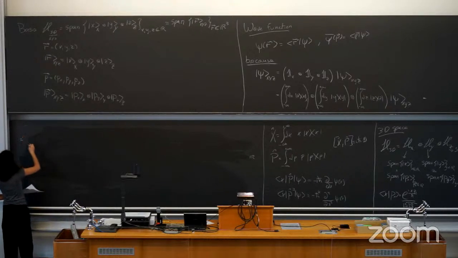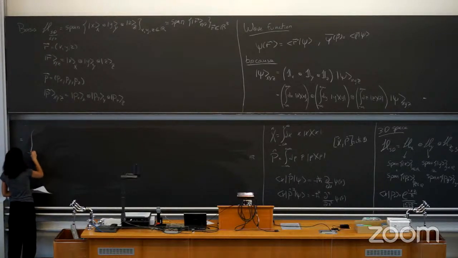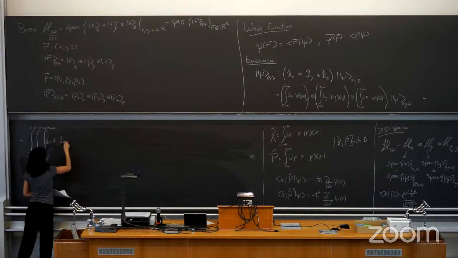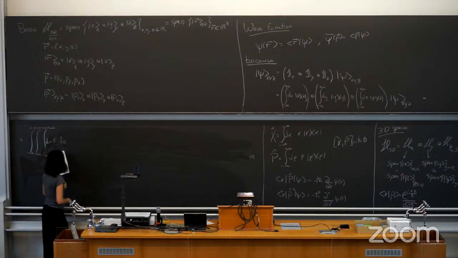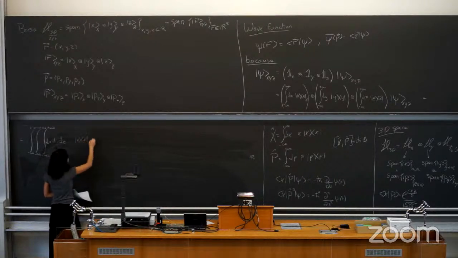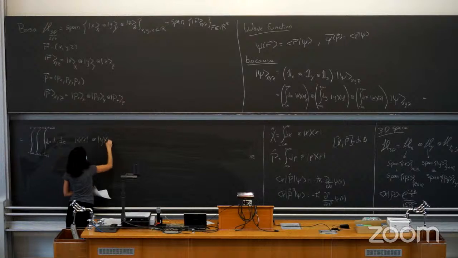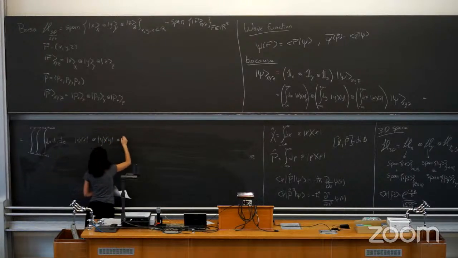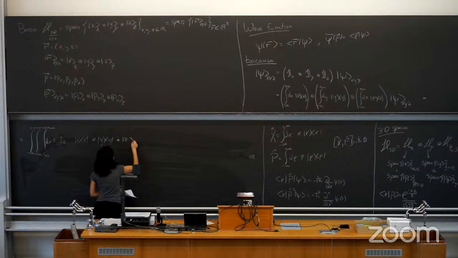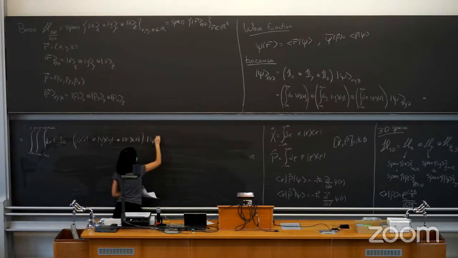And this is the same as having them all here, with dx, dy, dz. And then what's left? I can do it in 2 steps. There's this whole thing applied on my state. This is x, y, z.